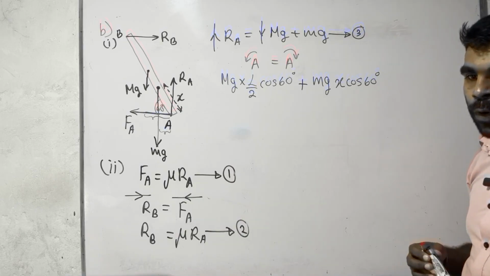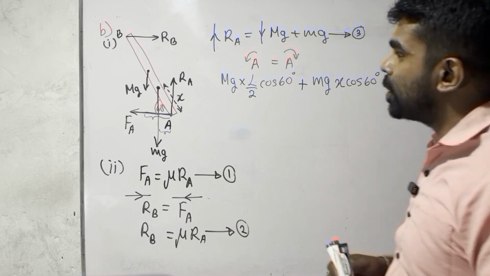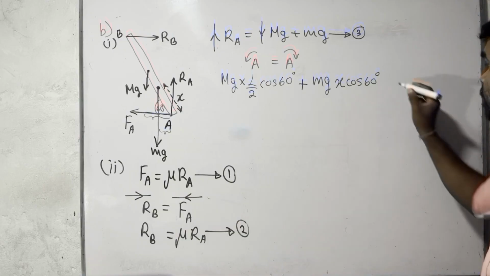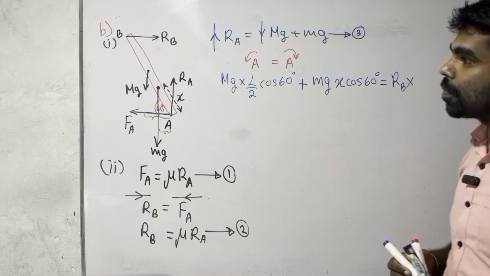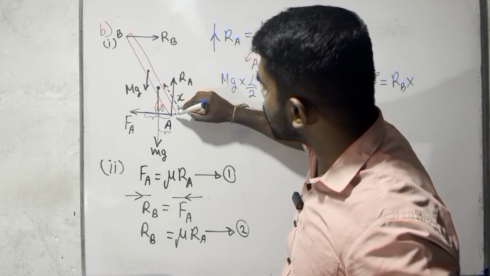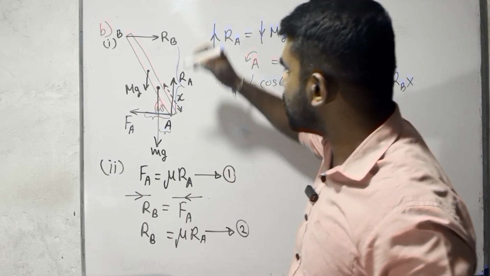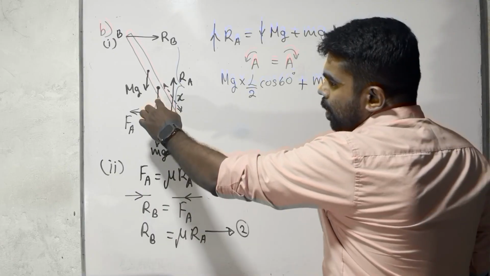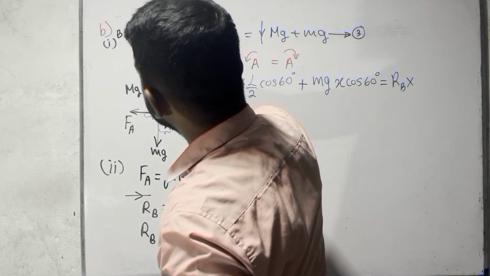There is only one force to rotate it in clockwise direction. It is RB. Then we can write RB into the perpendicular distance from this point A to RB, which is this height. If this angle is 60, this angle is also 60.